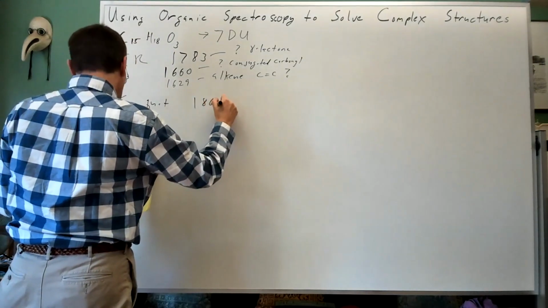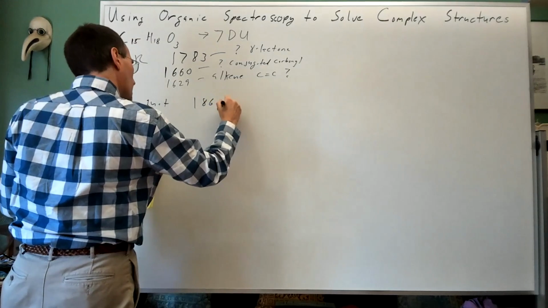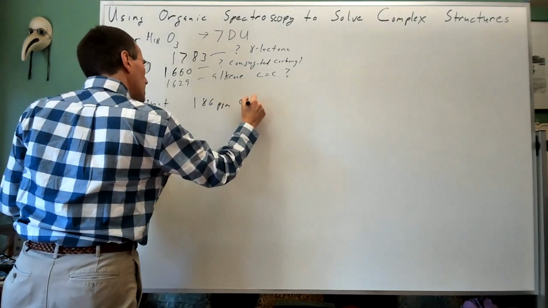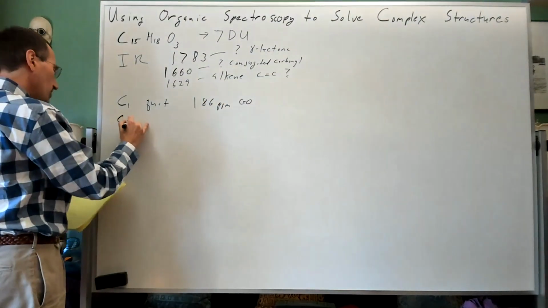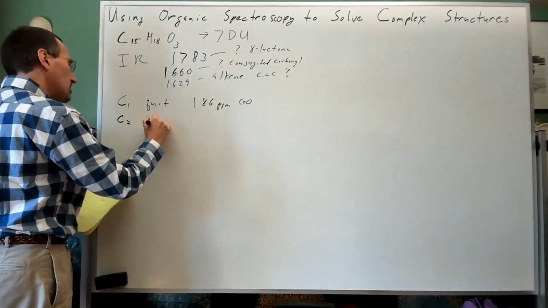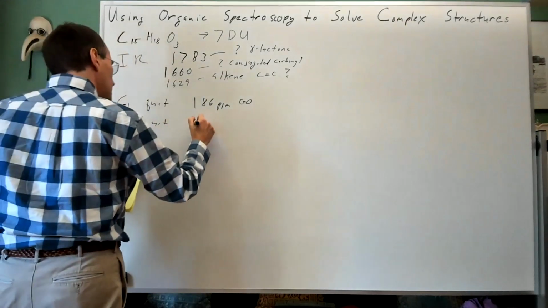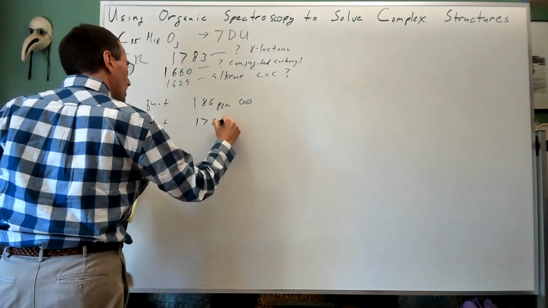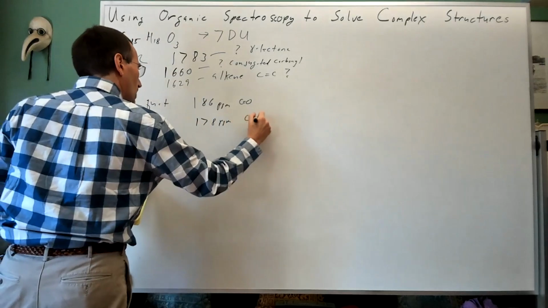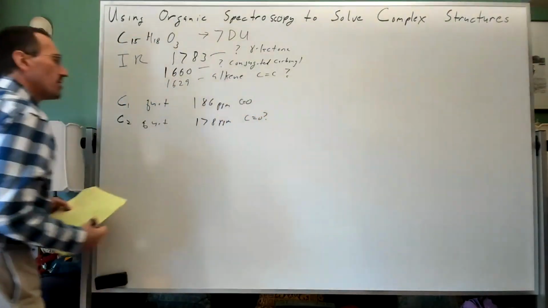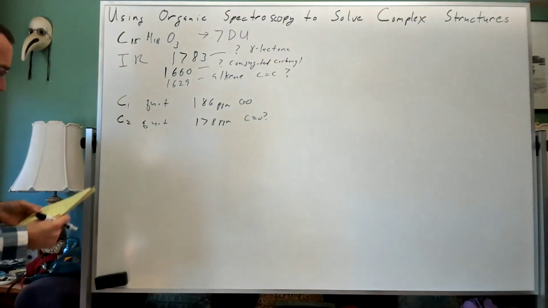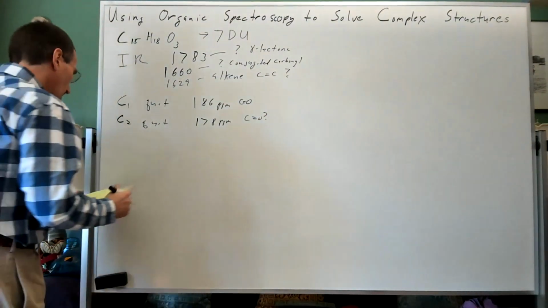I'm not going to do this for all of them, but I want to notice at least some of the interesting shifts. C2 is a quat. It's at 178 ppm. It also seems to be a carbonyl. If I'm uncertain of that, I might put a question mark, but that seems to be a carbonyl.